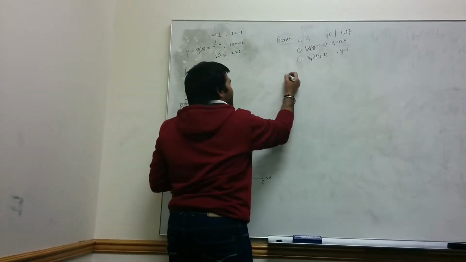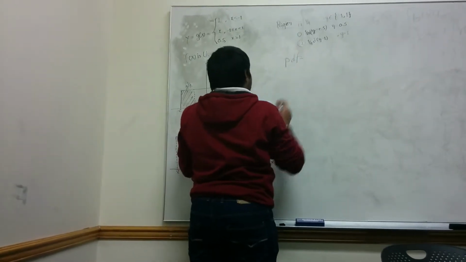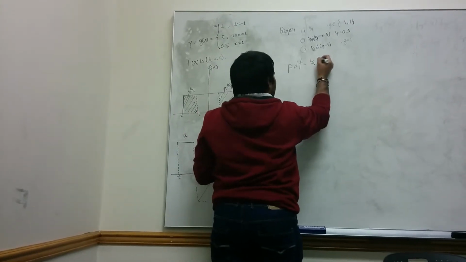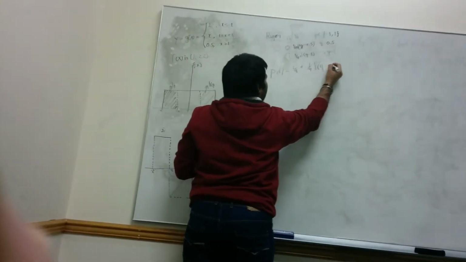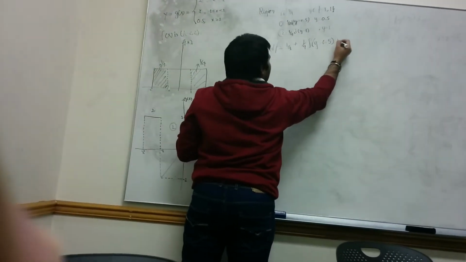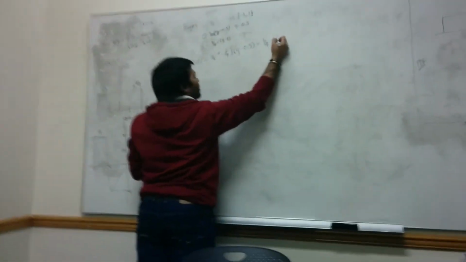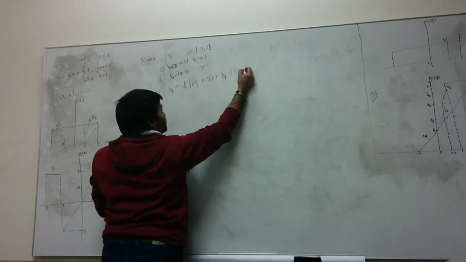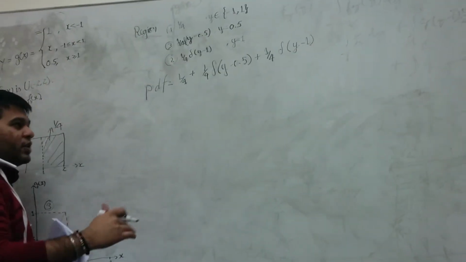So now the density function would be 1 by 4 plus 1 by 4 del y minus 0.5 plus 1 by 4 del y minus 1. This is the small PDF, that is the probability density function, and we will plot it afterwards.